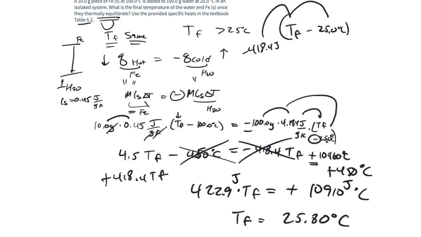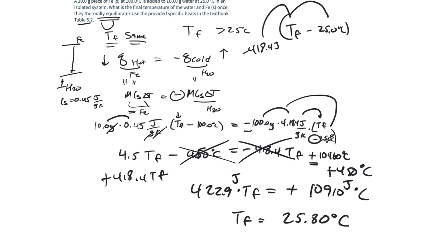Now, a couple thoughts. One, it's really easy to make a mistake on this math here. And really, I don't like this math problem for the math part of it. I do like the thought of it, though, for the hot thing into the cold thing. The cold thing has to get a little hotter, and the hot thing has to get a lot colder in terms of its temperature. So the iron goes from 100 degrees C all the way down to 25.8 degrees because it didn't take that much heat for iron to raise its temperature.